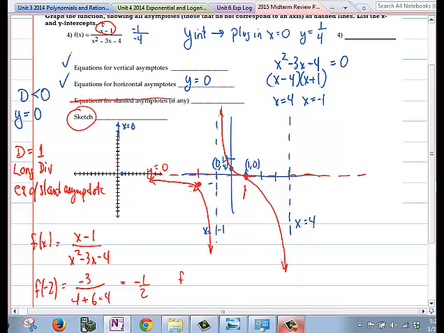It's not going to have a bounce, because if it was x minus 1 quantity squared, you would see bouncing where it would head back up above the x-axis. But because it's only to the first power, that root at x equals 1 is going to be a through root. You can use as many test points as you like. There's no restriction on how many test points you use.